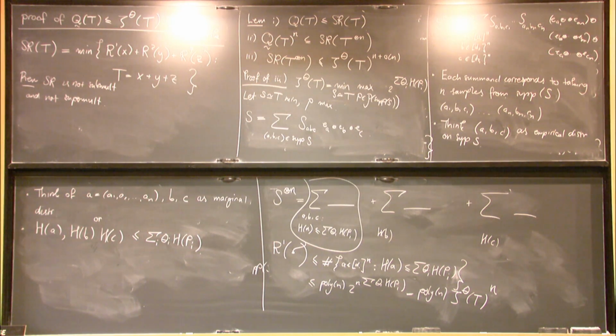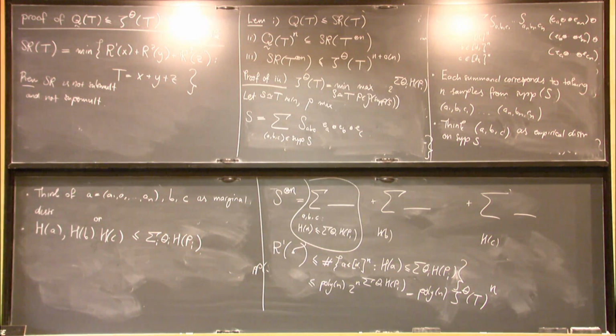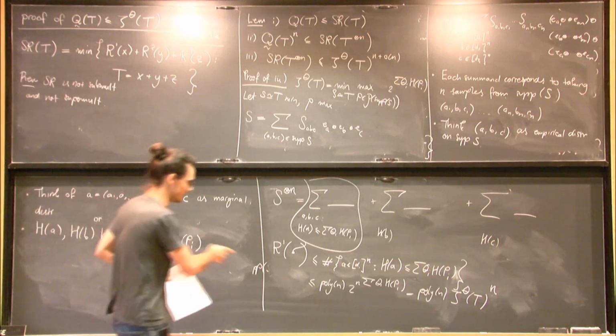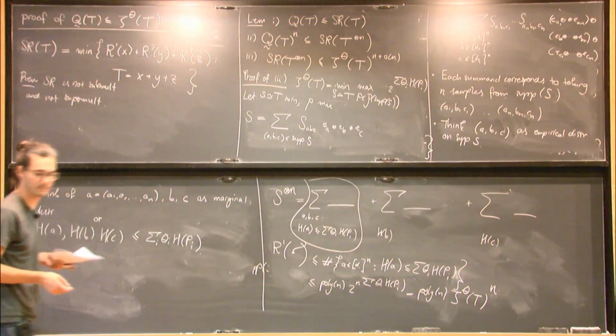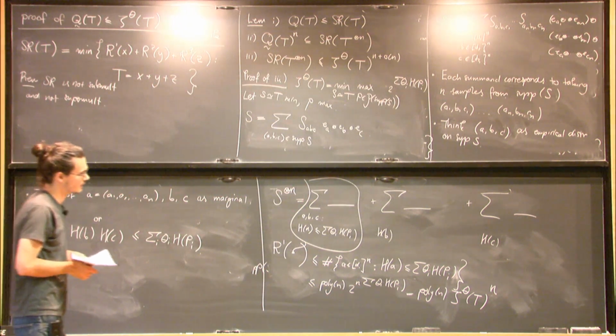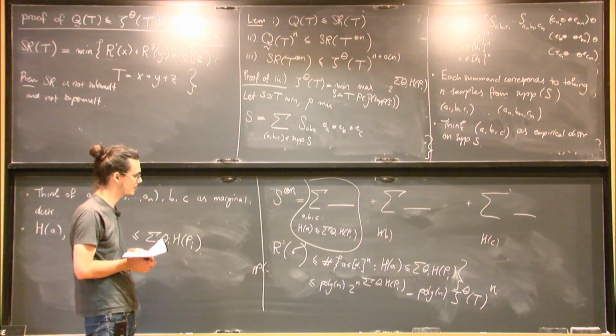So let's do that. Okay. So this final inequality that you have is like a purely combinatorial thing. This is purely combinatorial. Yeah. It's just about counting these strings.